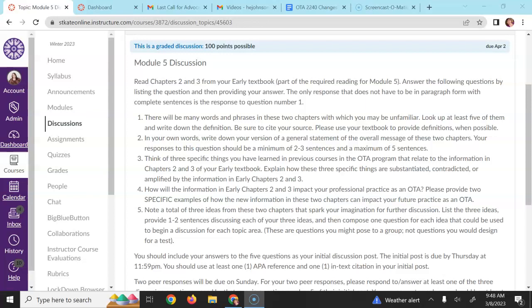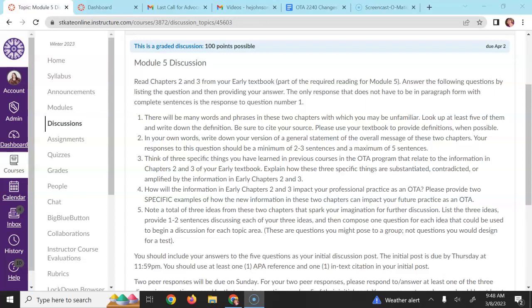Then tell me, for each of those 3 things, if the reading in chapters 2 and 3 substantiated, which means confirmed, the information you learned previously. Did it contradict the information you learned previously? Or was the information you learned previously amplified? Like, did you get more information on top of what you already learned?